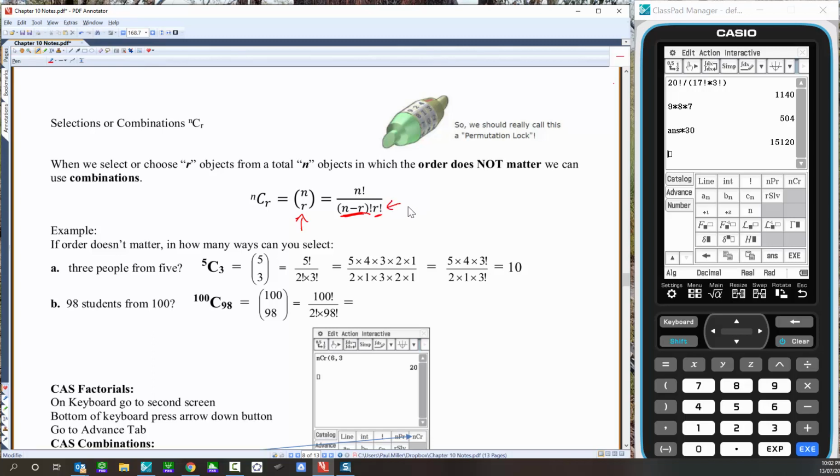And that part of it just narrows down options or gets rid of the repeating.